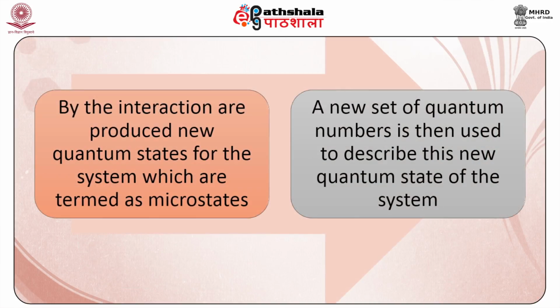By the interaction, new quantum states are produced for the system, which are termed as microstates. A new set of quantum numbers is then used to describe this new quantum state of the system.